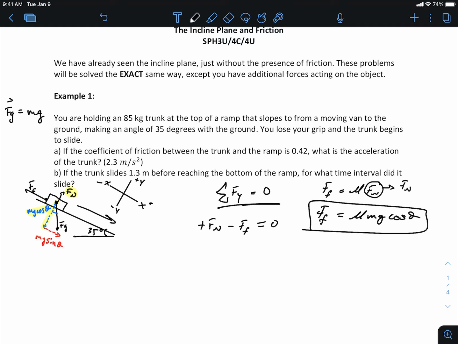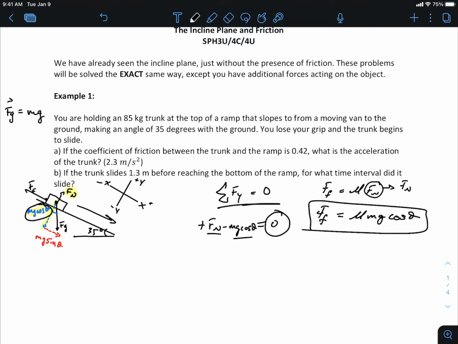And that has to equal 0, right? But it has to be the y piece. So what's it actually equal to? Well, it's mg cos theta. And those two forces have to equal 0. Those are the only two things acting in the y direction.